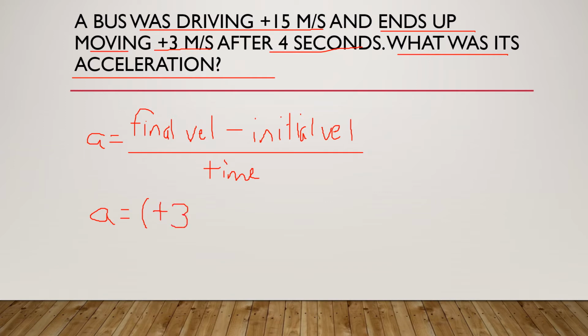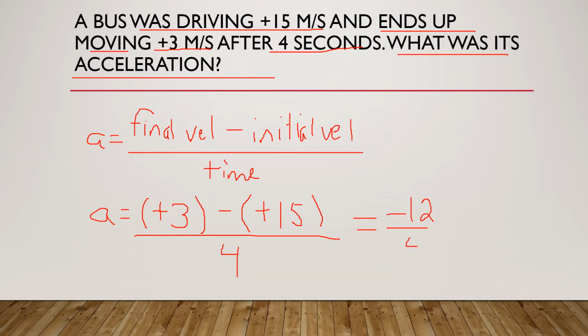Now, the reason why I'm going through this question is because I want you to recognize it's not always the big number minus the small number. It's always final minus initial. So don't be worried if you get something like this. 3 minus 15 is negative 12 divided by 4 equals negative 3 meters per second squared.